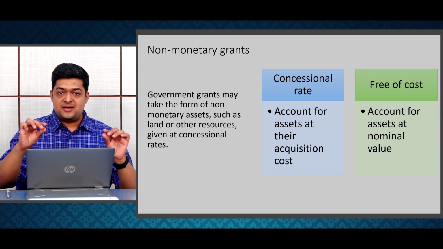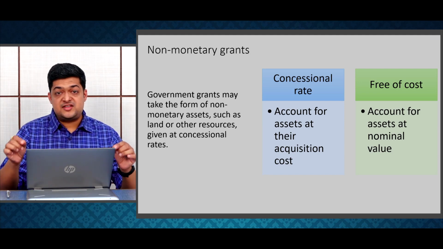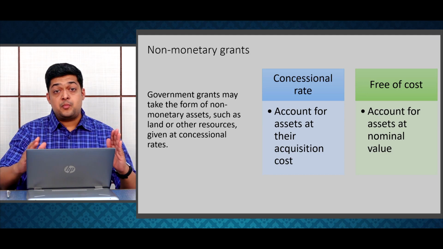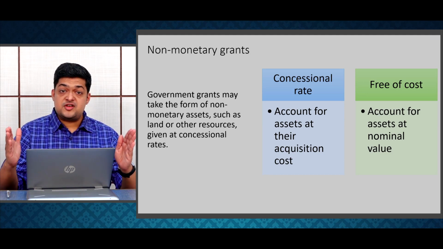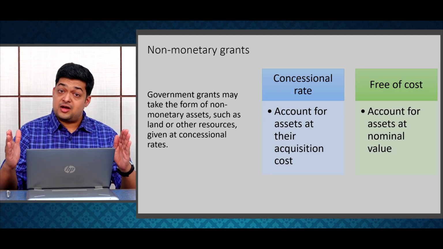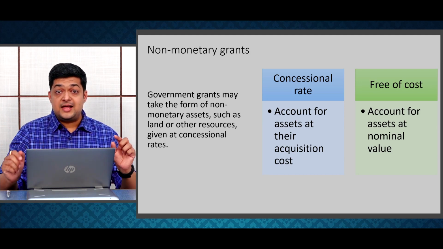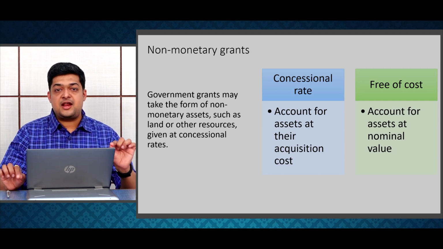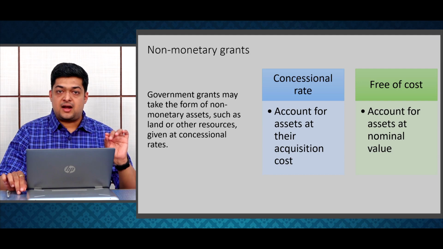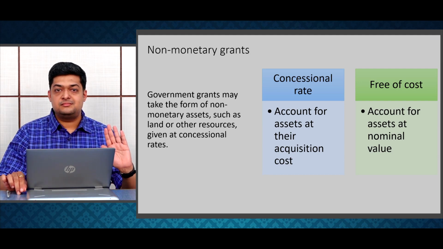Land given to you by the government for 1 CR. You paid 1 CR to the government, but the land value might be 10 CR. This is obviously non-monetary grant. It has been given to you at concessional rate, but I do not recognize this 9 CR separately as a grant. Rather, I record asset at 1 CR.